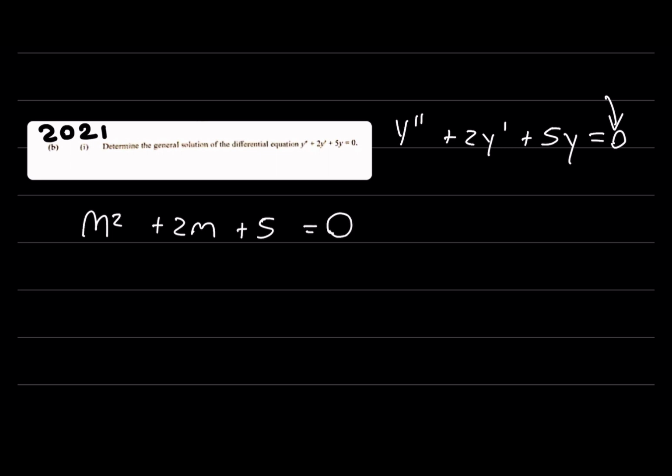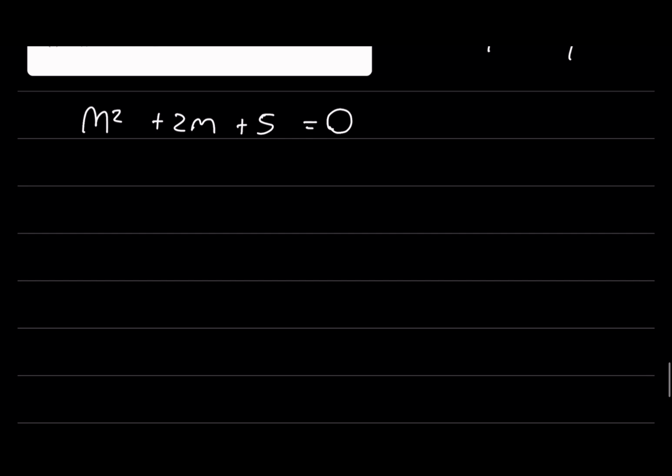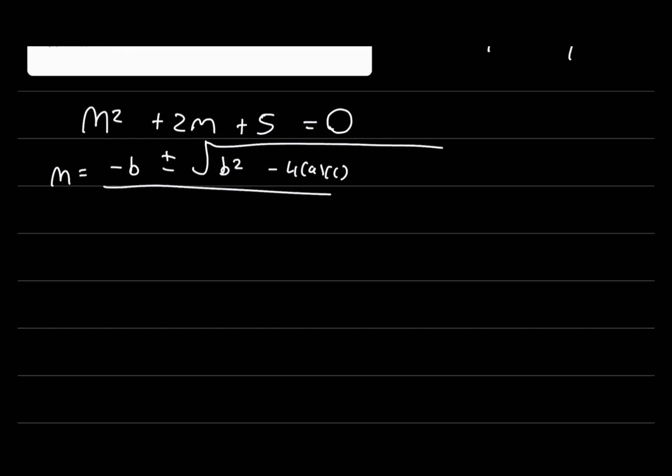So we need a number that multiplies to 5 but adds to 2. There is no such number, so we have to use the quadratic formula. So m is equal to minus b plus or minus the square root of b squared minus 4ac, all over 2a.